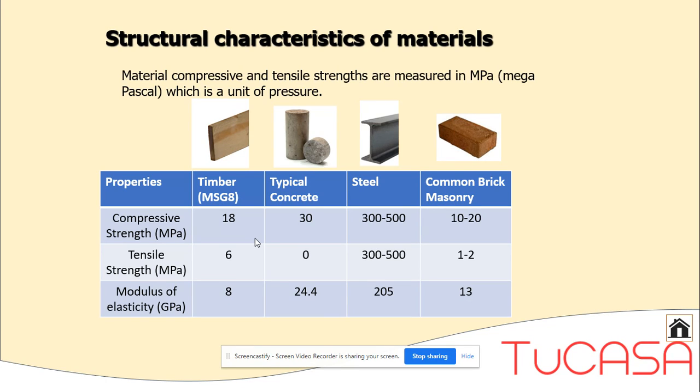A stiffer material will have a higher elastic modulus. We use a lot of concrete and steel and have done for a long time, and we combine the best characteristics of both of these in reinforced concrete, where we put steel into the concrete, and then we get the best of the characteristics of both the materials.